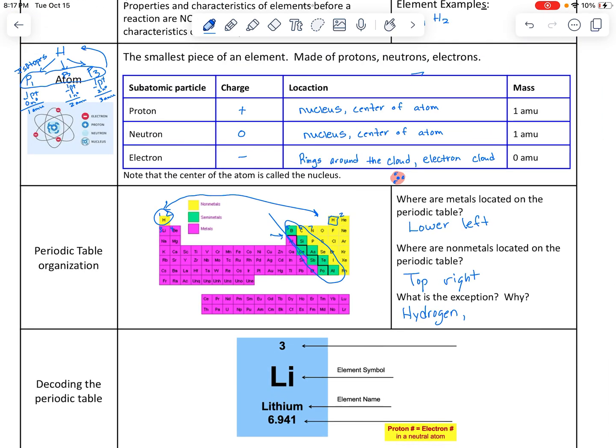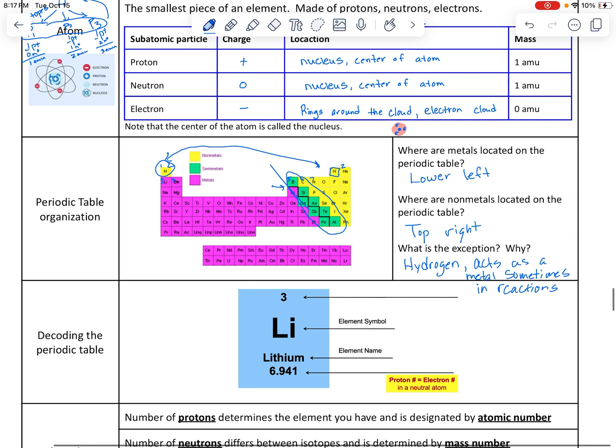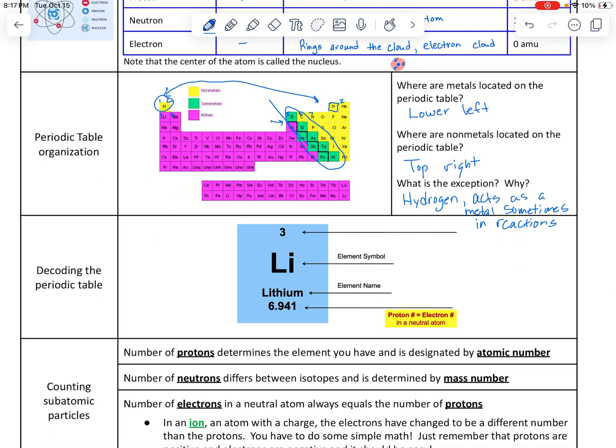Again, I don't want to get into it too much, but it basically acts as a metal sometimes in reactions. But obviously we know that hydrogen is a gas, right? We know hydrogen gas, so it's not a metal, but in reactions it does sometimes act like a metal.